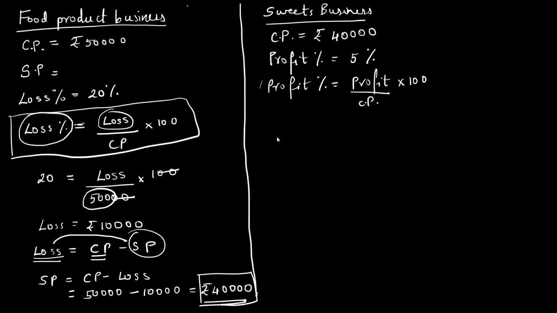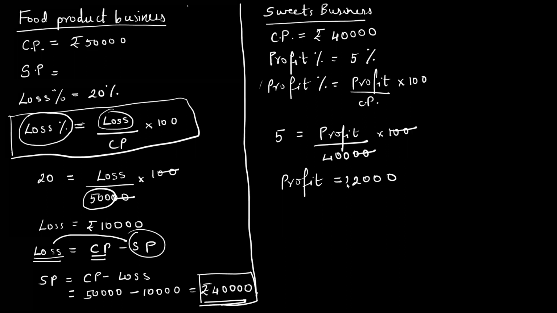So 5% is equal to profit upon 40,000 into 100. What to do first? 20 will get cancelled. So profit is equal to 400 into 5. Which is how much? 2,000.